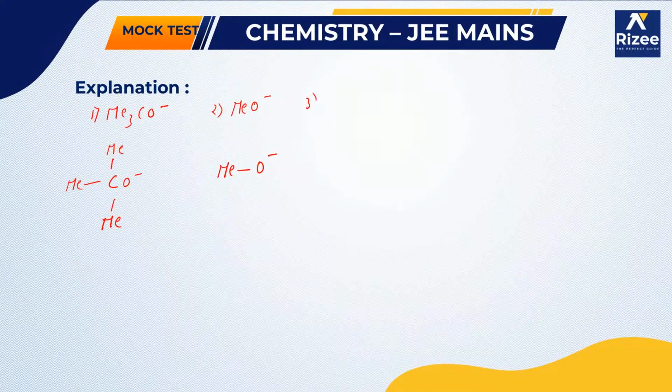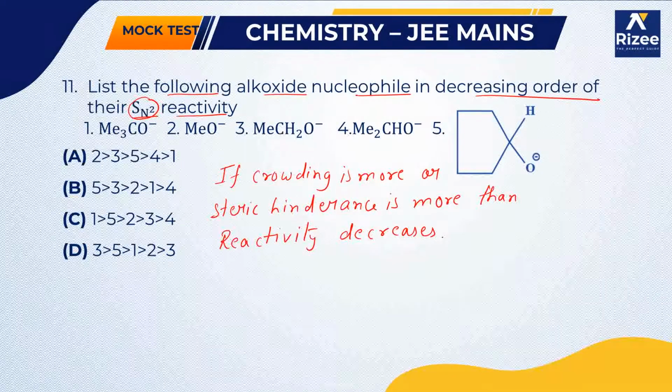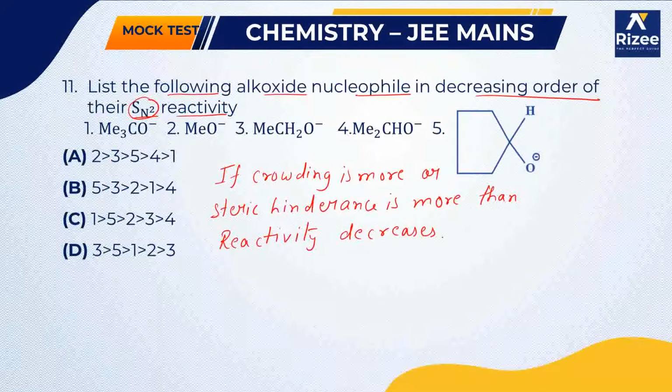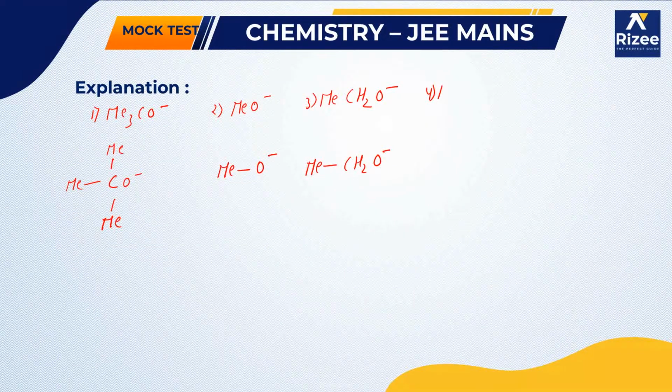Next, the third one he has given as MeCH2O minus. So this one I can write as methyl CH2O minus. Next, the fourth one he has given, Me2CHO minus. So this one I can write as methyl C, here a methyl group is there.